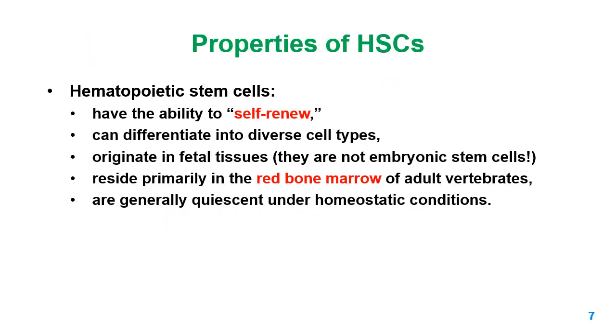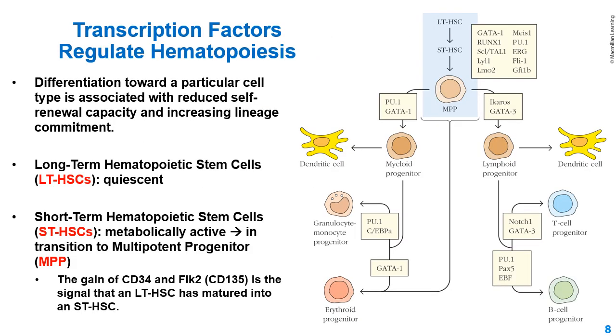Here is, in words, what I have mentioned about your hematopoietic stem cell. They are self-renewing, so when they divide, one keeps on being a stem cell and the other one differentiates. And they are in the bone marrow. Now we start with some detail on how this differentiation happens.